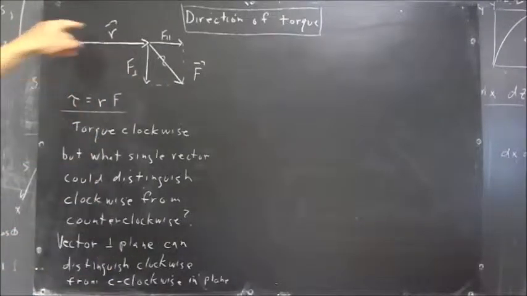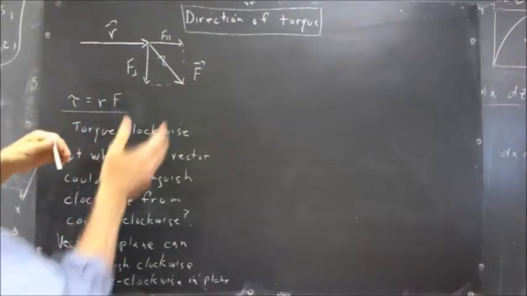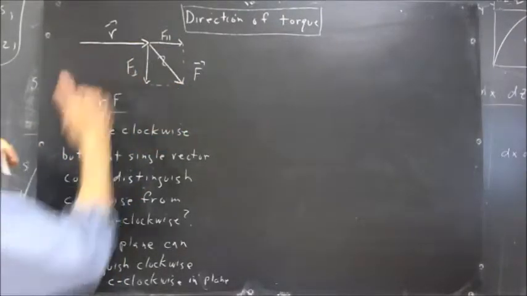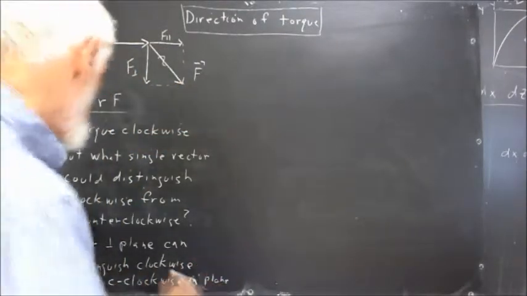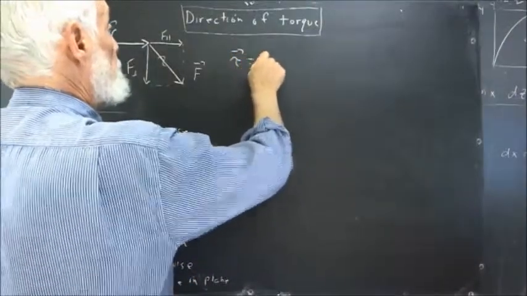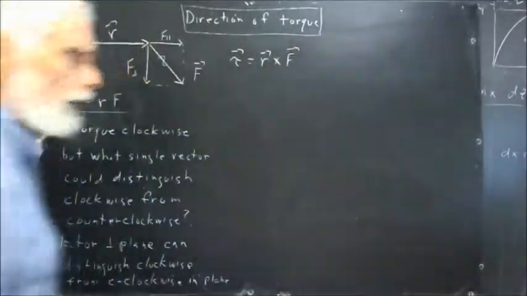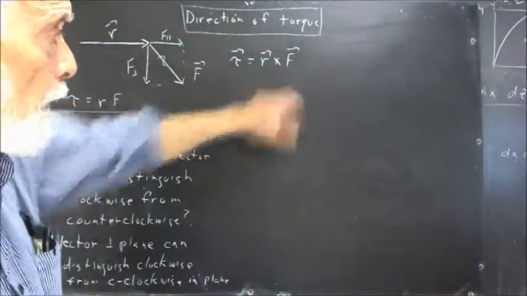So the clockwise rotation could be represented by a vector into the board, a counterclockwise rotation, a vector out of the board. Okay, well, with that motivation, we describe the torque as the cross product of the r vector and the f vector.